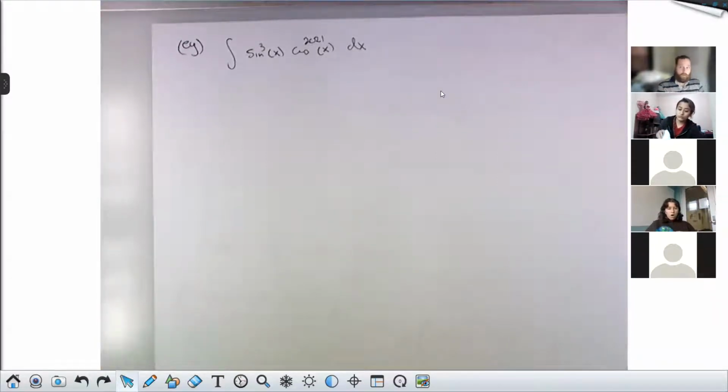We said if one of the powers is odd, then you're going to grab a copy of the odd guy, set it aside, make a substitution for the other guy, right? Well, they're both odd here. So what do we do? I could follow that first strategy, thinking of either of these as the odd power.